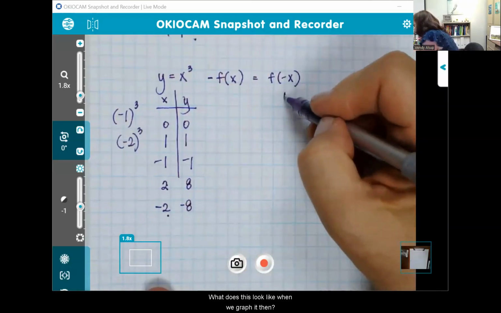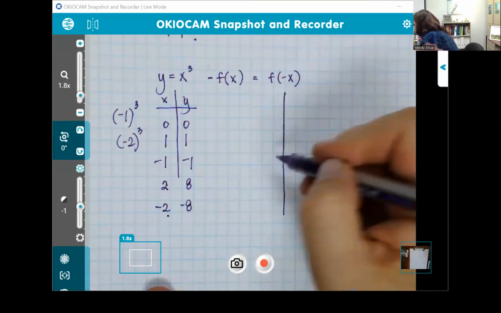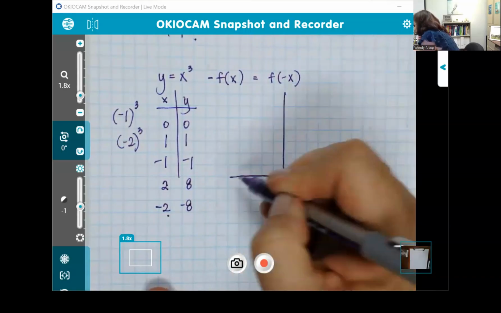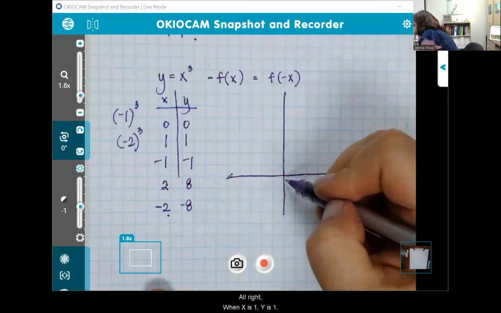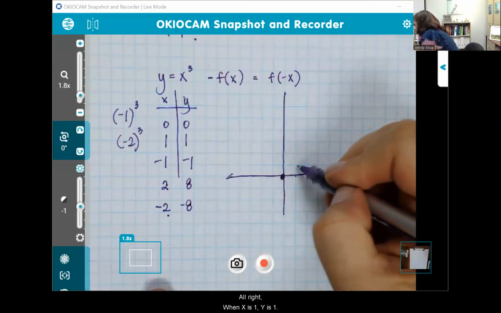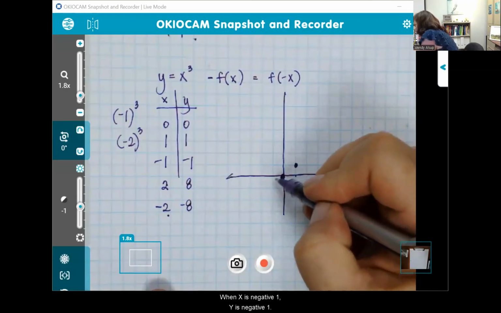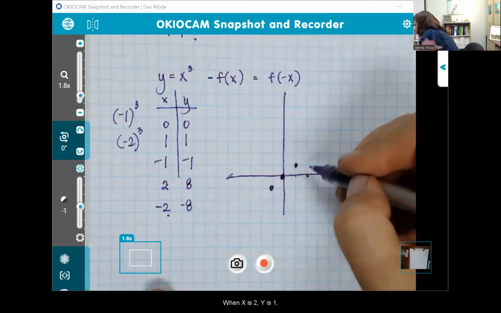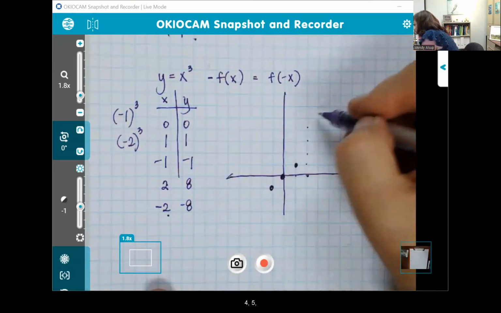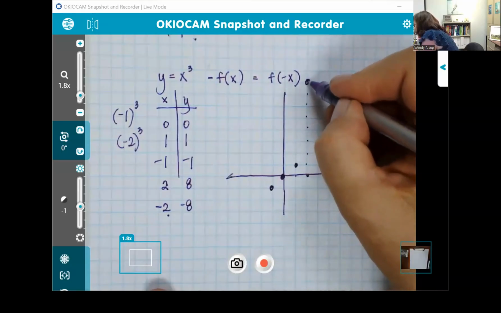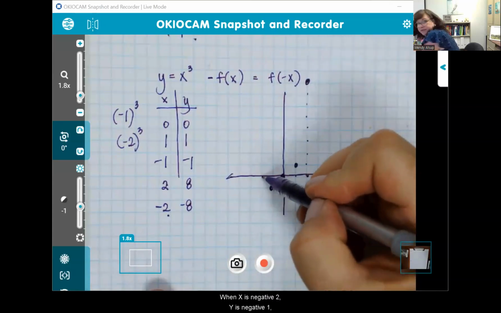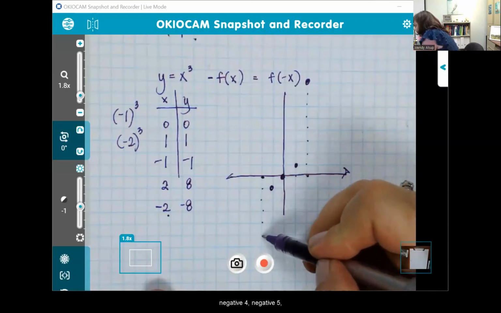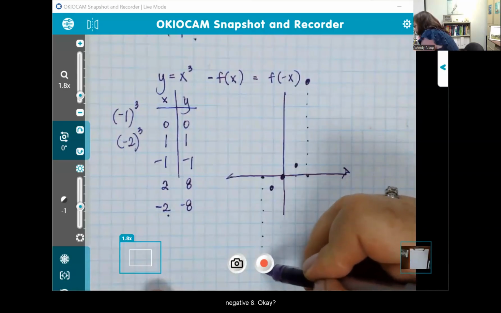What does this look like when we graph it then? At 0, 0. When x is 1, y is 1. When x is negative 1, y is negative 1. When x is 2, y is 8. When x is negative 2, y is negative 8.